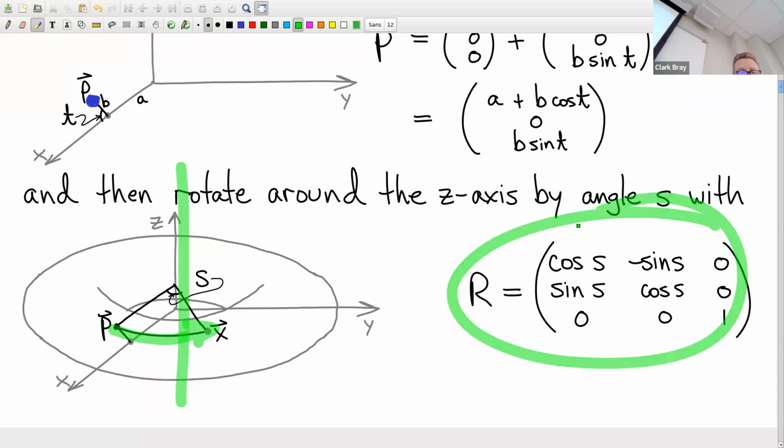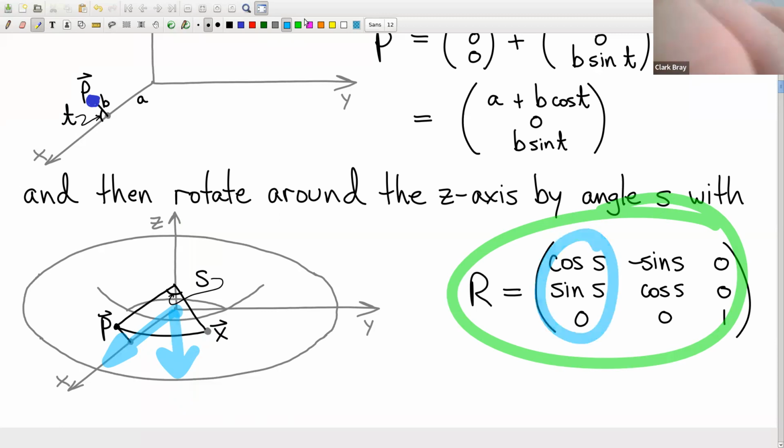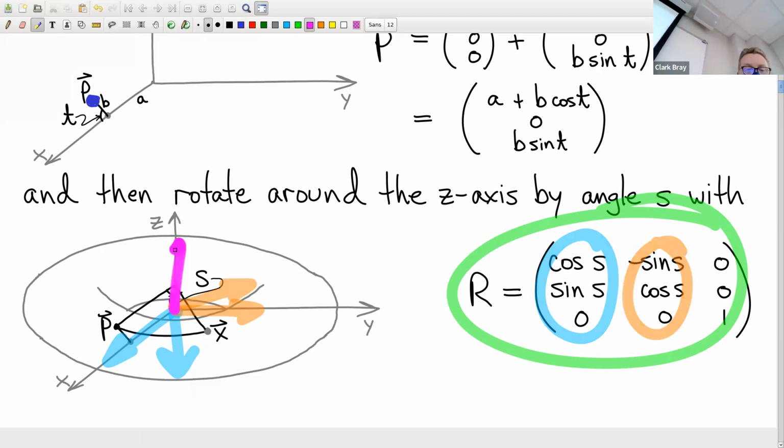The matrix is what you get by applying the linear transformation to the standard basis vectors. And e1 rotates to that, and e2 rotates to that. And of course, e3 being on the z-axis, when you rotate around the z-axis, doesn't move.